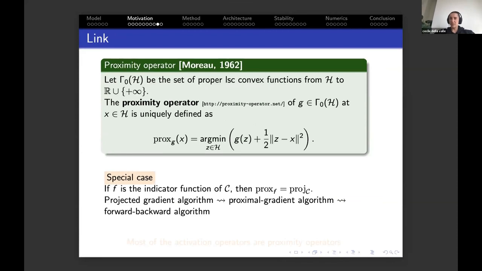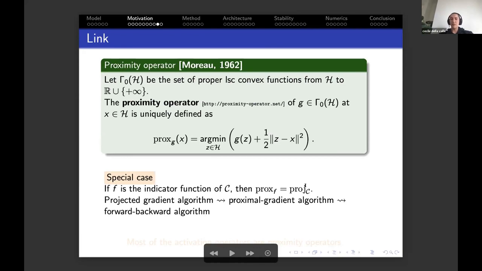I define the proximity operator with the set of proper lower semicontinuous convex functions. The proximity operator, prox_g, is the argmin over the Hilbert space of g(z) plus one half the norm of z minus x squared. In the special case of an indicator function of a set, the proximity operator is exactly the projection.